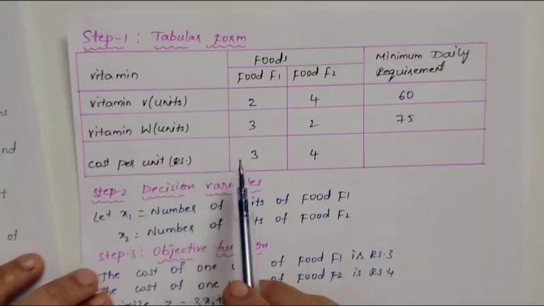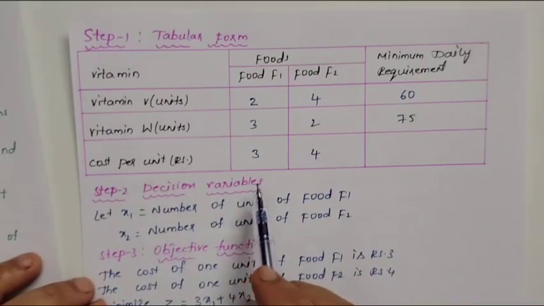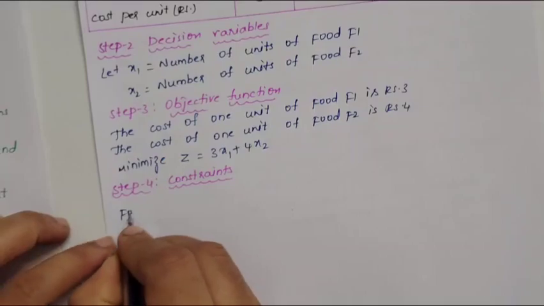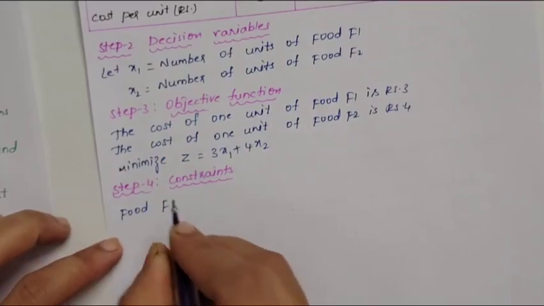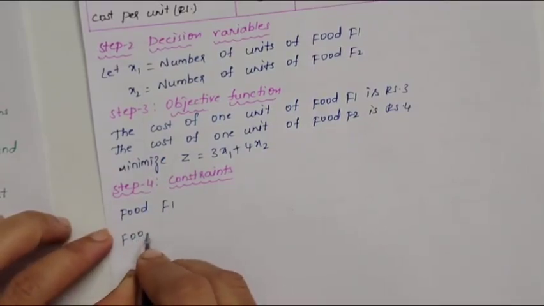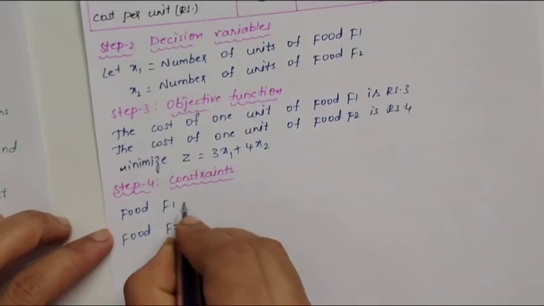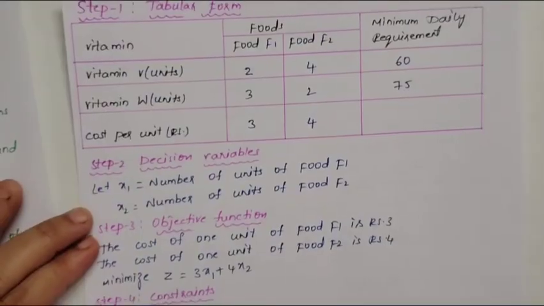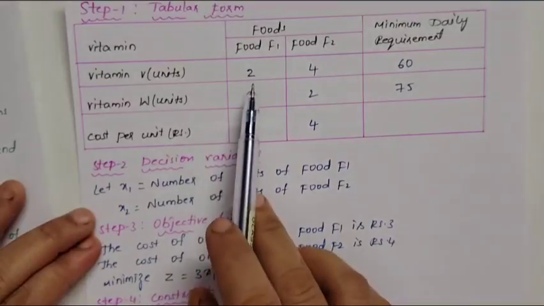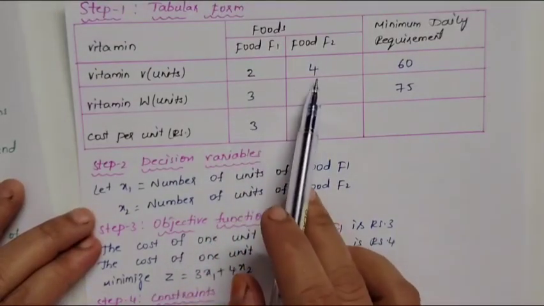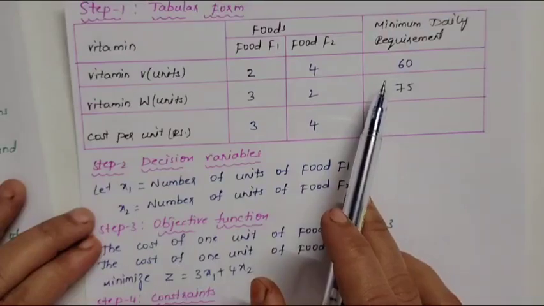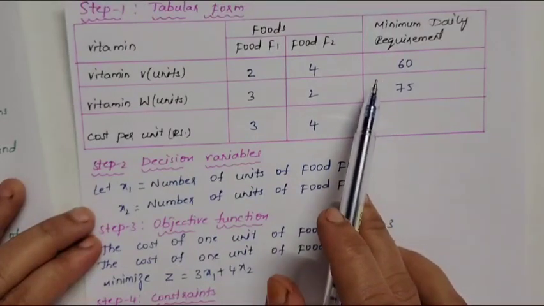With the help of this table, we will write the constraints. From the table, we can write 2x1 plus 4x2, and we will write the symbol as greater than or equal to, because it's a minimization problem.